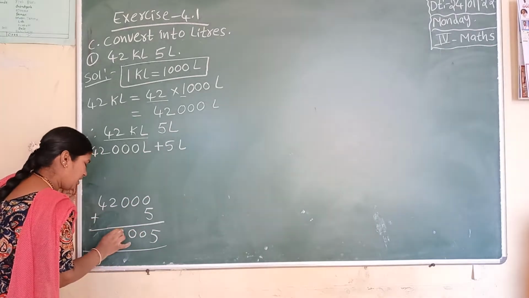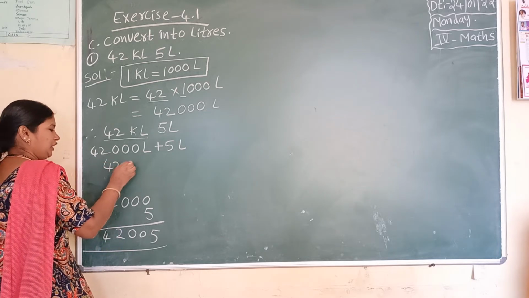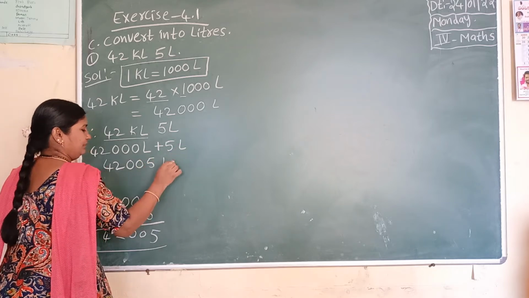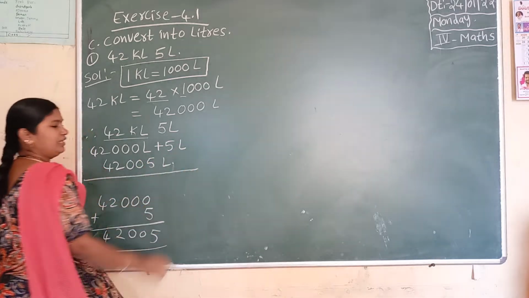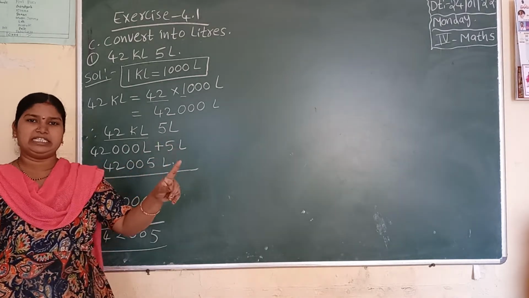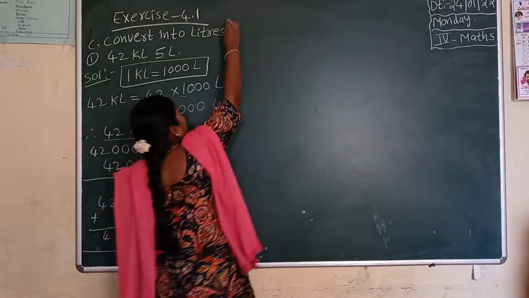Remaining numbers are not there, so directly write the same numbers. That is 42,005 liters. L means liters. It is our answer. Okay. When you have a single digit, you have to add in the ones place only. It is compulsory.